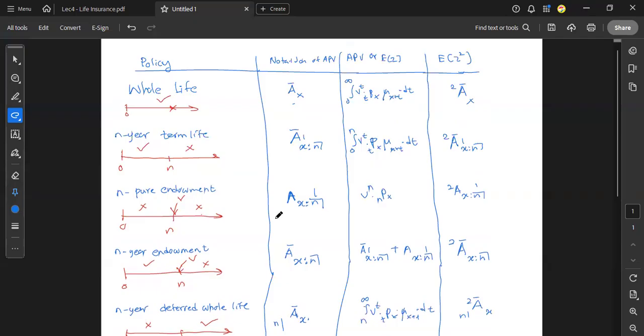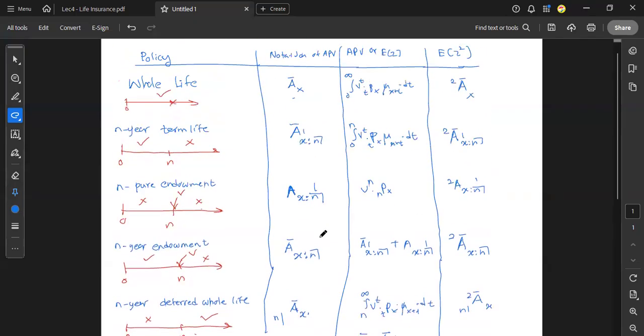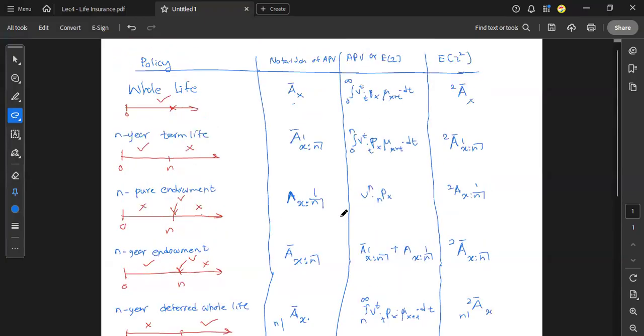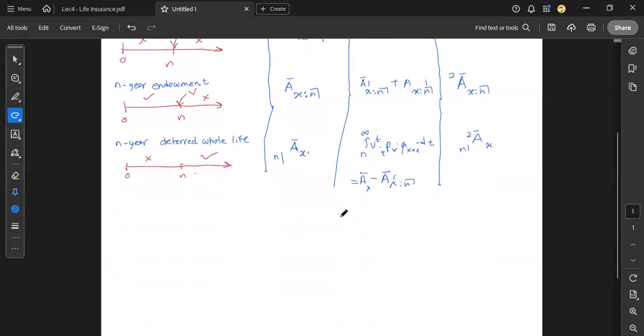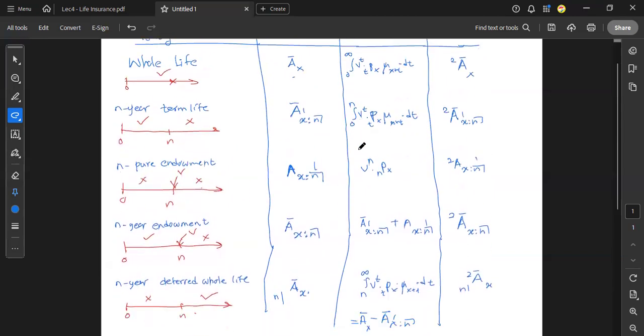For the discrete case, you can find the discrete value and convert it into the continuous case using the UDD assumption, which will be discussed in future. So that is the practice we carry out in life insurance, and this is for the continuous case.